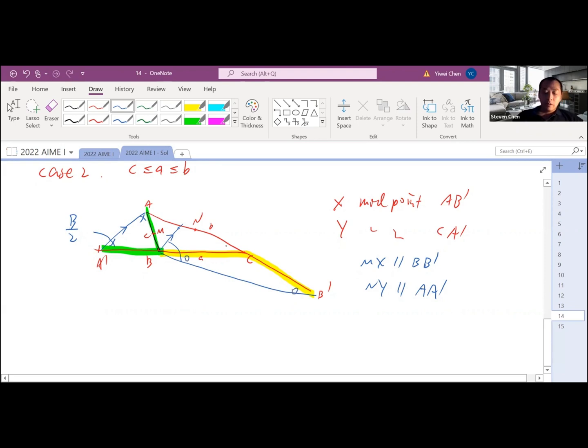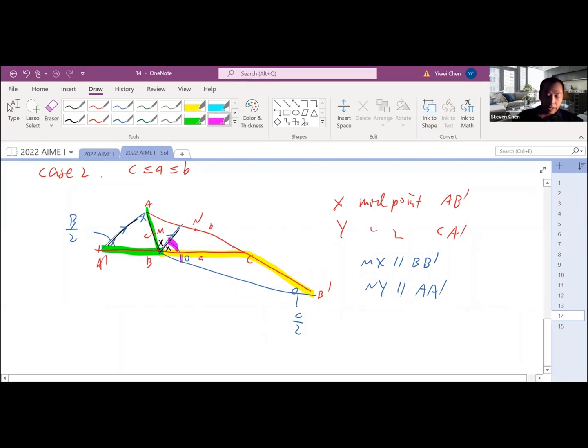So this is C, so they should be equal to half of C. Okay. All right. So then let's look at these two parallel lines here and here. Because they are parallel, we know this is cross and this is also equal to cross.